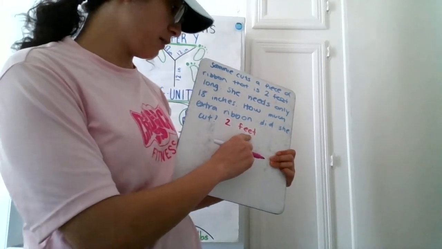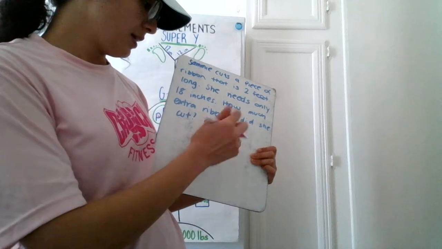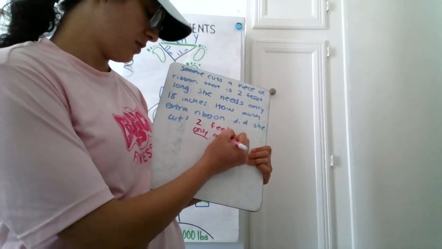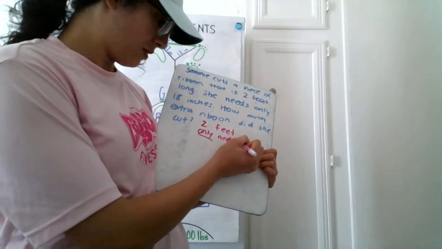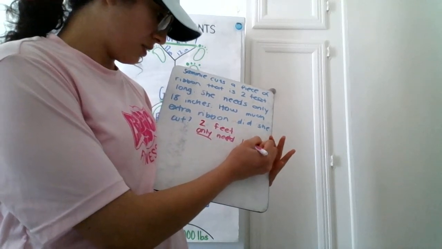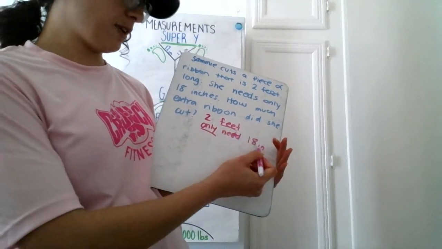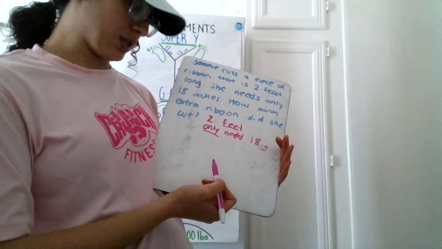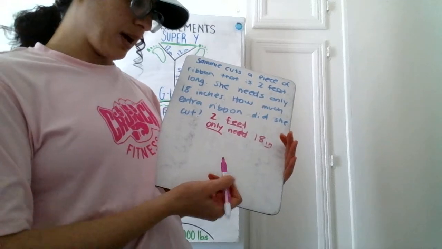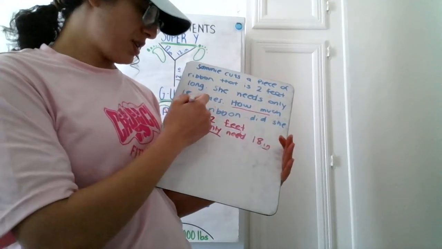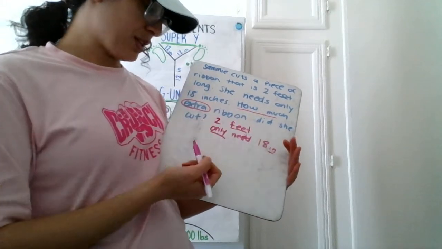So you have 2 feet of ribbon, and you only need 18 inches. So I already see that here it's given to me in feet, but down here it's given to me in inches. So I'm going to have to convert. And then the question is asking how much extra ribbon did she cut?